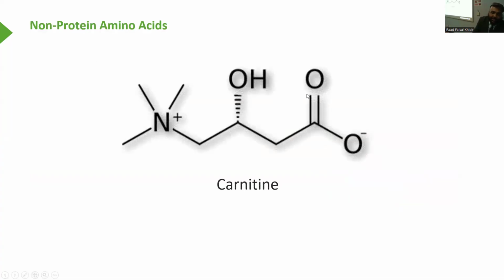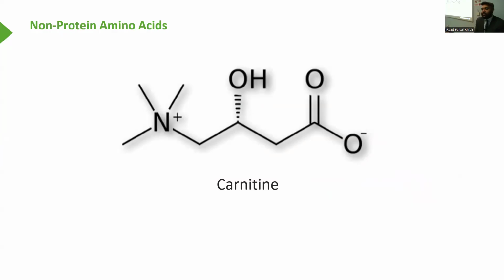Non-protein amino acids. These are amino acids that are not part of a protein. Just because amino acids are the building blocks of proteins does not mean that every single amino acid out there is making some protein. Some amino acids function on their own, like ascorbic acid, vitamin C. Is ascorbic acid a protein?